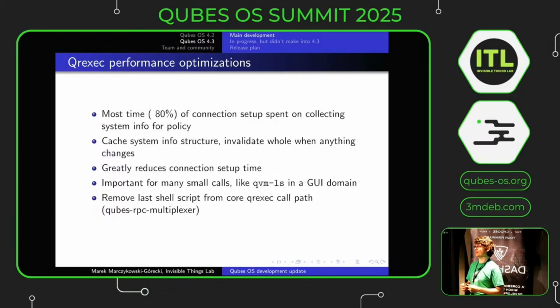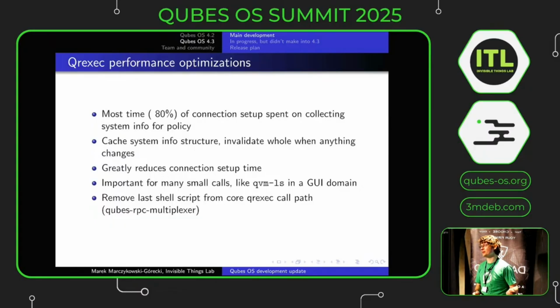So we did some profiling, and it turns out most of the time is spent on collecting a list of cubes you have in the system to evaluate policy for the call. This list is actually mostly static. Well, you can create or remove some cube, of course, but you don't do that every second, usually.